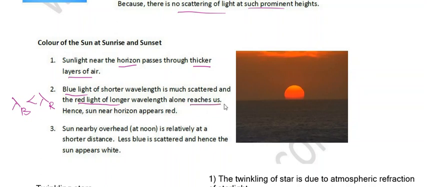Only red reaches us, and that is why the sun appears red. At noon, the sun is overhead at a relatively shorter distance, and therefore less blue light is scattered, hence the sun appears white. So these are the reasons for such phenomena.